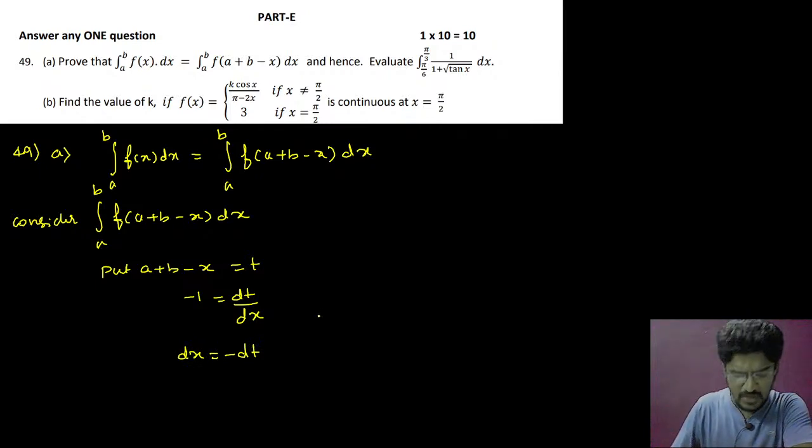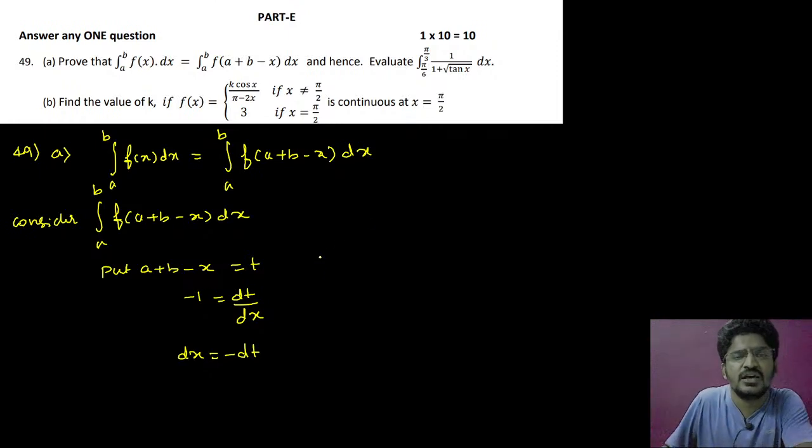Please remember one important step. Whenever you do substitution in definite integrals, you have to take care of your lower limit and upper limit. As you substitute t, the lower limit and upper limit will also change.